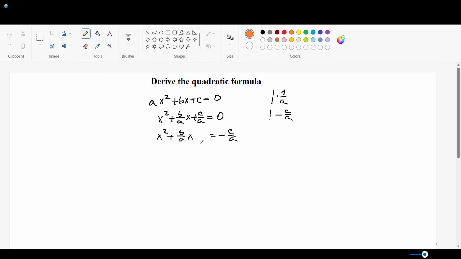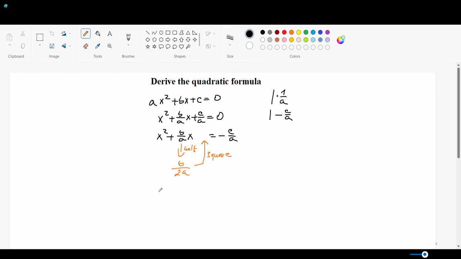Next step, you were taught that we want to get a perfect square on the left side of the equation. To get a perfect square there, you have to halve this expression b over a, so it becomes b over 2a, and to find the square we just square this expression and we will get our last term.